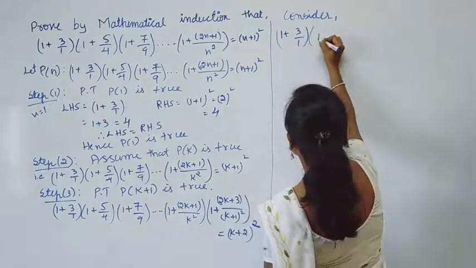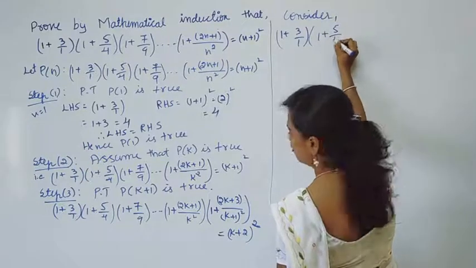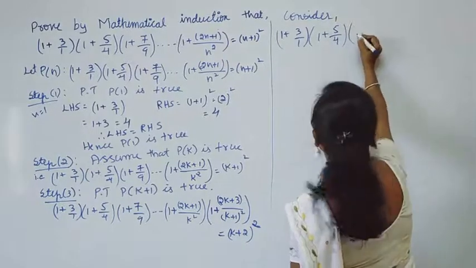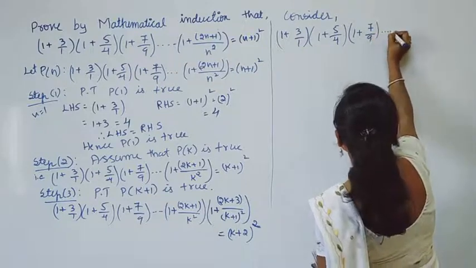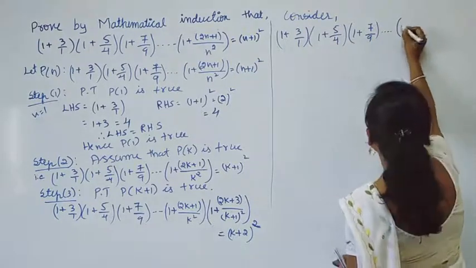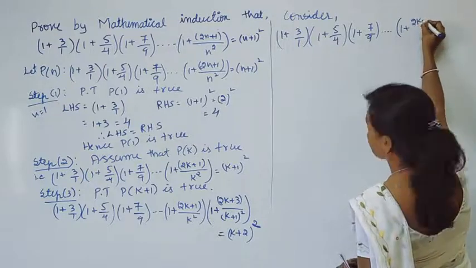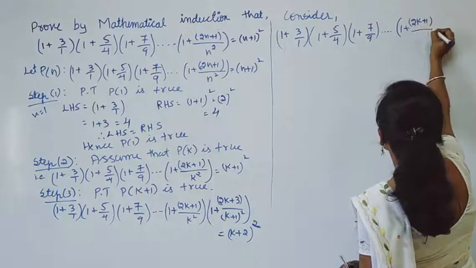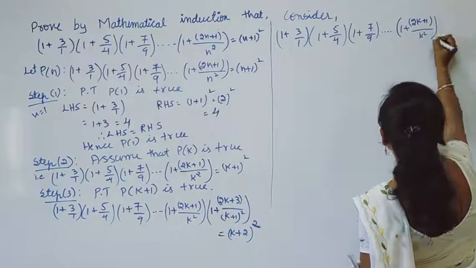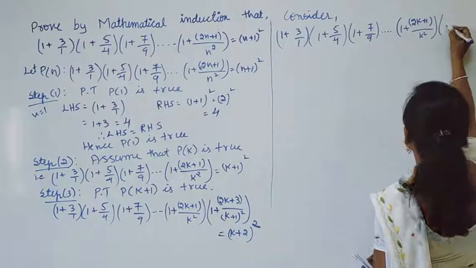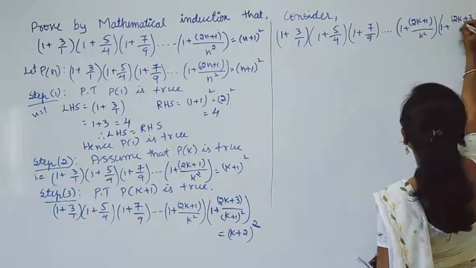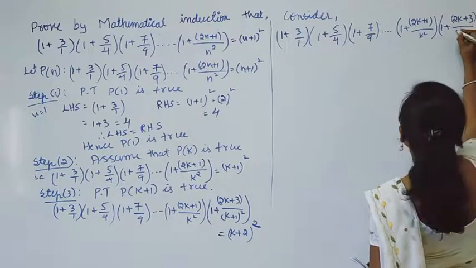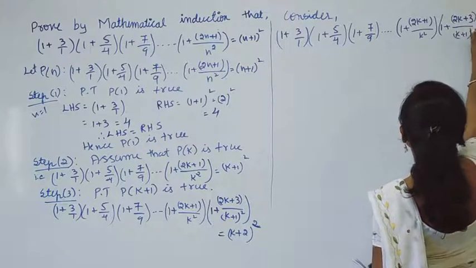(1 + 5/4)(1 + 7/9)... (1 + (2k+1)/k²) into the last term, which is 1 + (2k+3)/(k+1)².